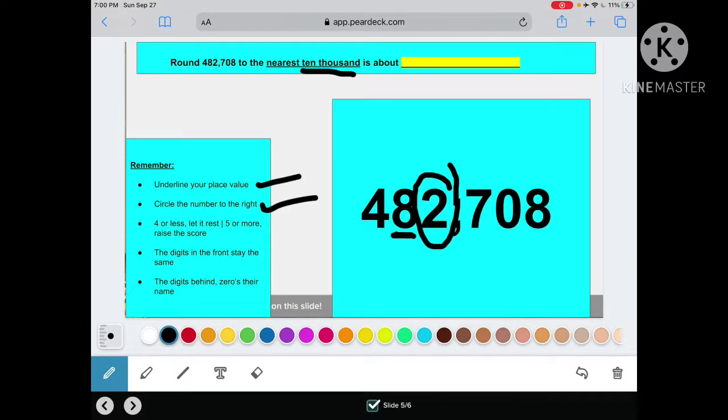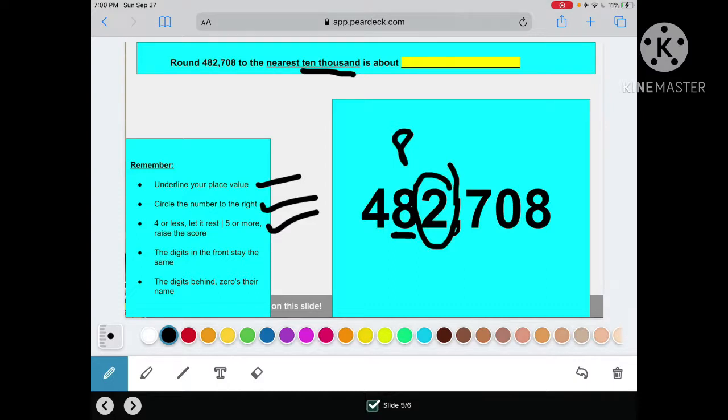I'm looking at my 8. Being that 2 was 4 or less, what am I going to do to that 8? Am I going to let it rest? Or am I going to raise the score? Yeah, I'm going to let it rest. So my 8 is going to remain an 8.